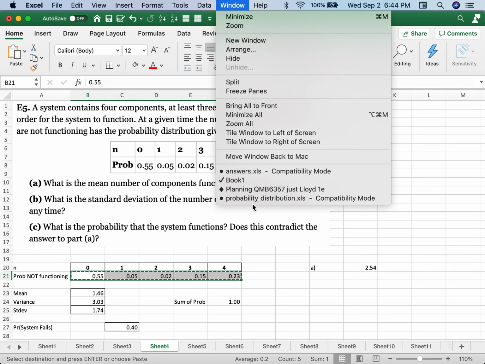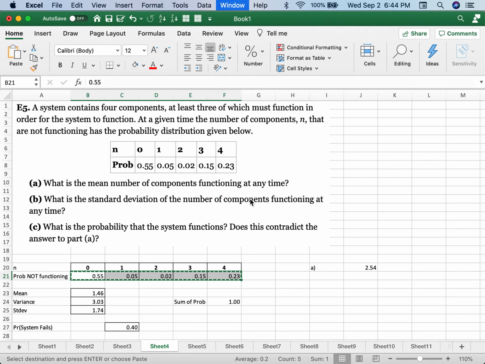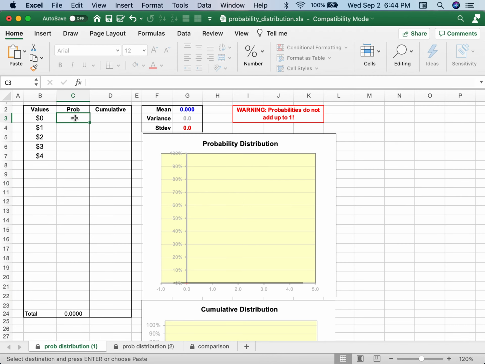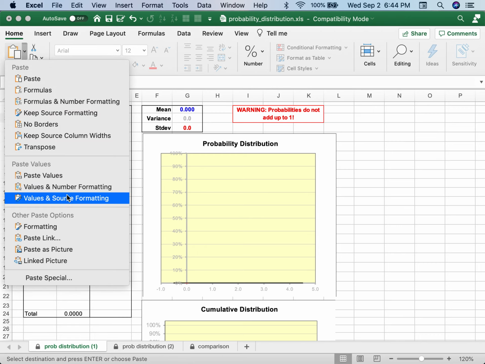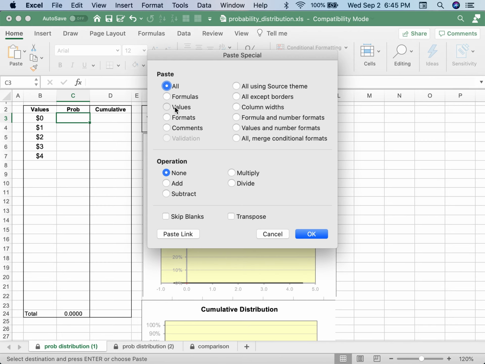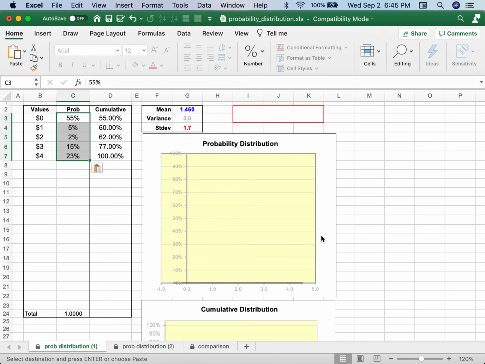No, go to the probability distribution, and right click here and say paste special, and put in just the values and transpose them. Okay.